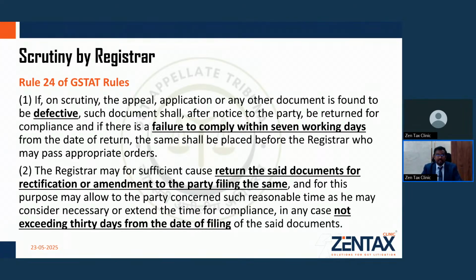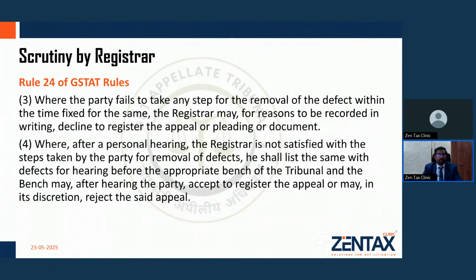Then it shall be placed before this registrar, who shall accept whether it is okay or not. He may extend the time also for a period not exceeding 30 days. So up to 30 days, the registrar may give time for us to rectify or amend any of the mistakes which is existing in the appeal or the supporting documents.